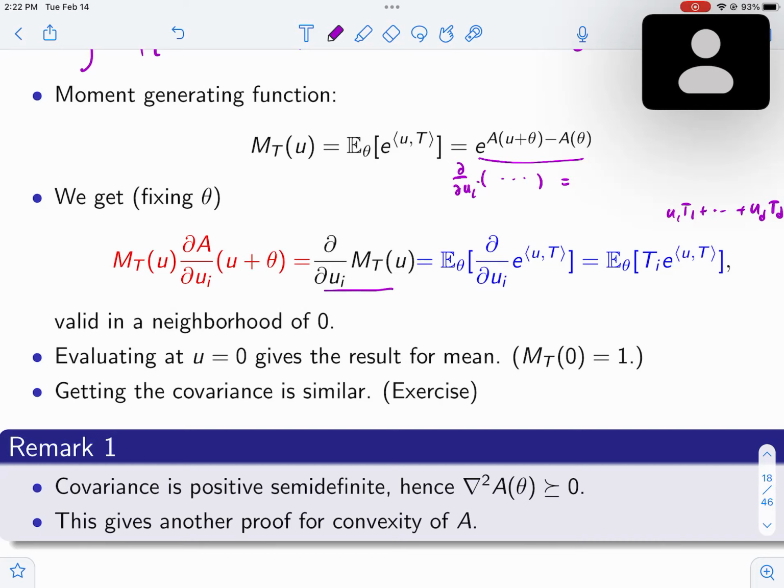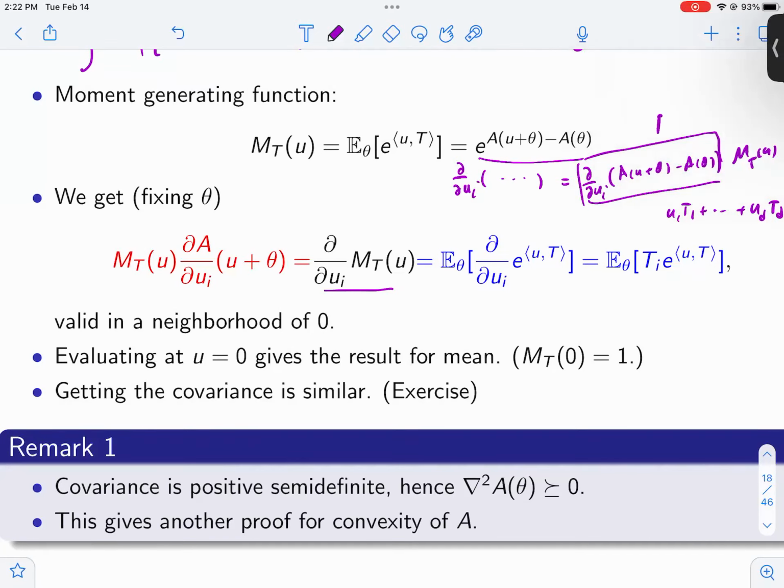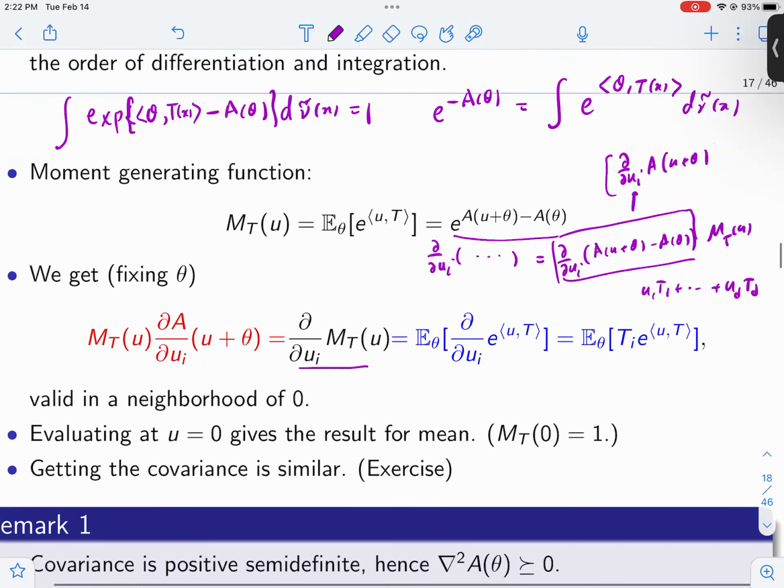It would be the partial derivative of the numerator, A(u plus theta) minus A(theta), times itself, which is M_T(u). The partial derivative of the second term is 0. So you get the partial derivative with respect to u_i of A, evaluated at u plus theta, times M_T(u), which is basically what I have here. It's just a simple derivative.